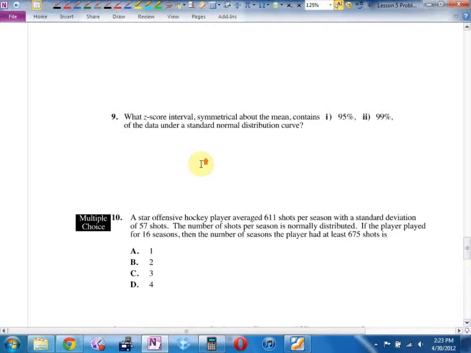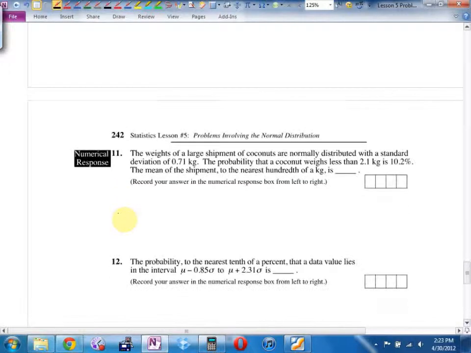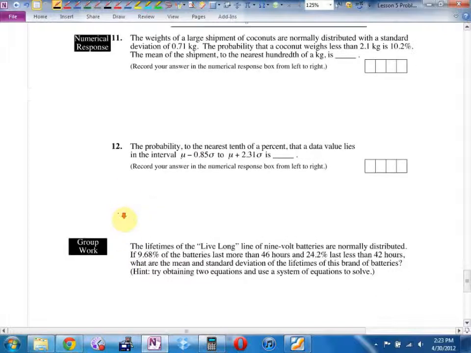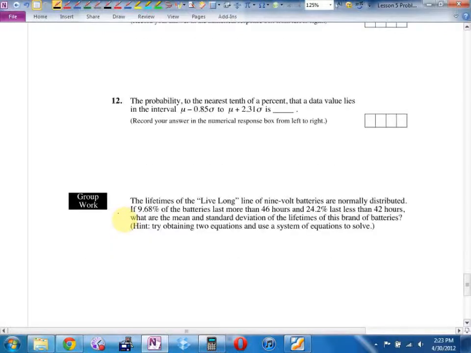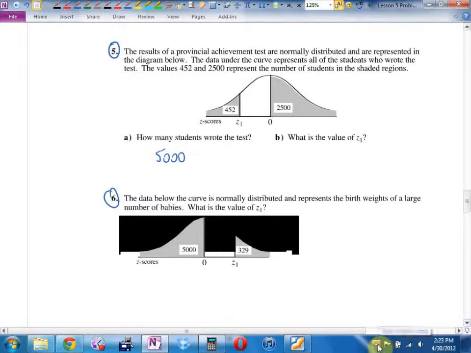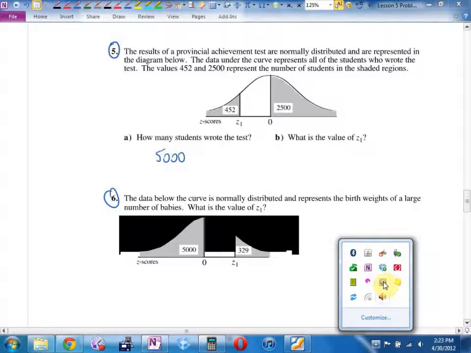You can also include number 10. Page 239, I think is where I was. And we're going to pause there. So I'm going to be coming around to look at some lessons and the data collection sheet.